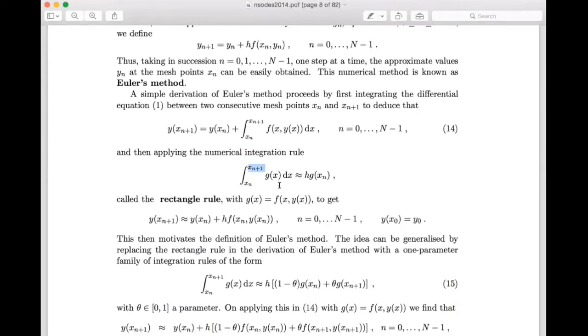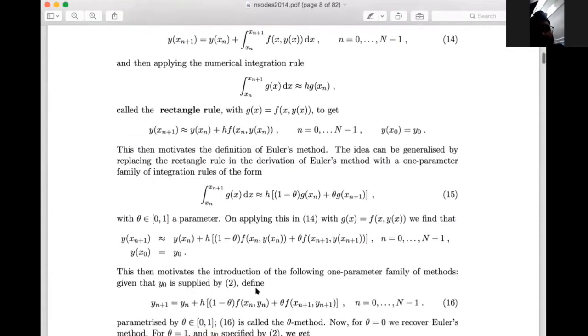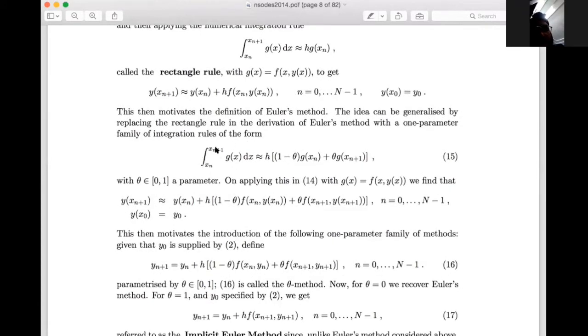And in the case of the trapezoidal rule, we take both. So we can generalize and approximate this integral by h times (1 minus theta) times the value of the function at the initial node of the interval, plus theta times the value of the function at the terminal node.